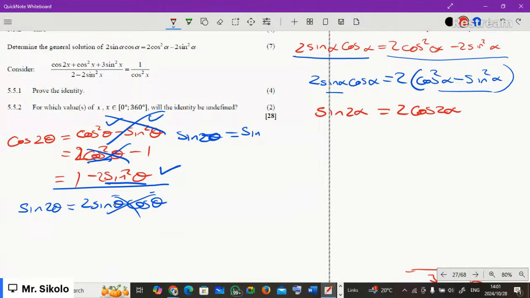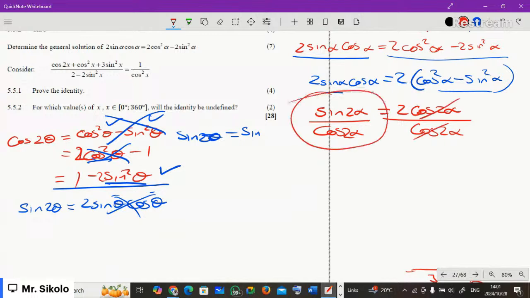So now we can divide by cos 2 alpha, because something will be achieved. Cos 2 alpha will not just disappear, but it will form another ratio, which is tan 2 alpha, which is equal to 2. Then there it is, we are having our single ratio.